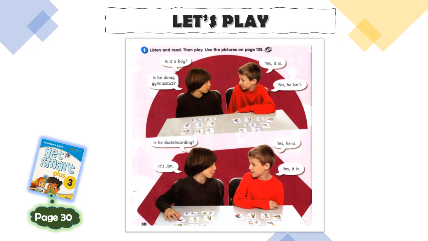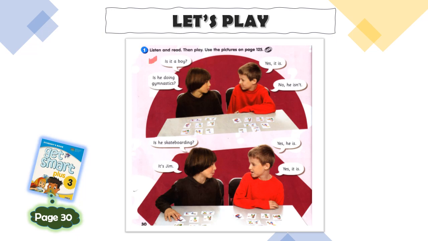Look at the conversation here. Okay, it's a conversation between two people. Okay, so these are the structures that we are going to use to ask and answer questions today. Let's read first. Okay, is it a boy?